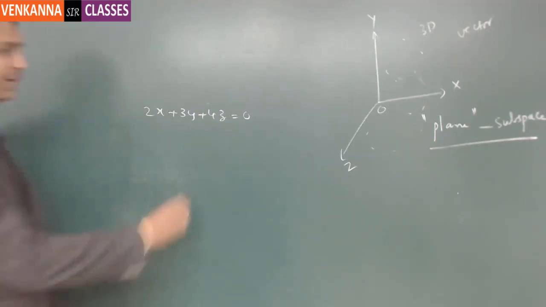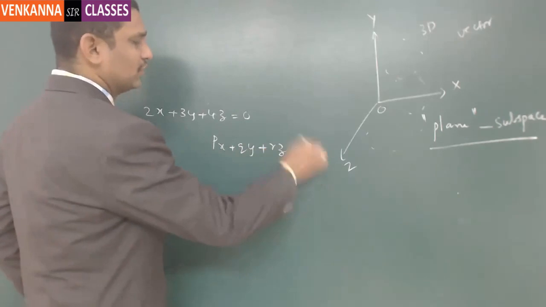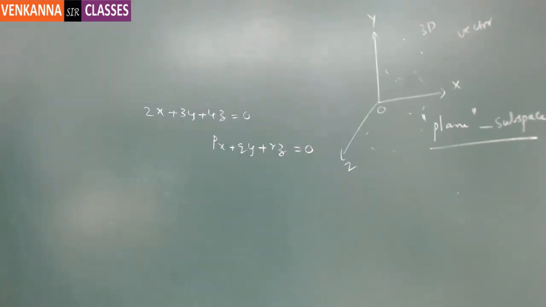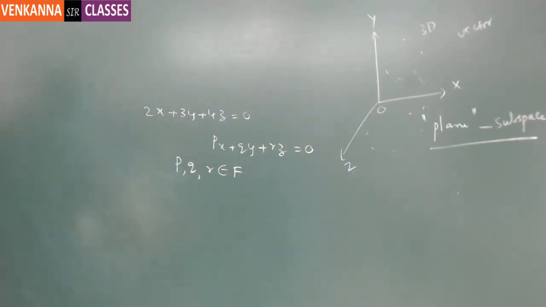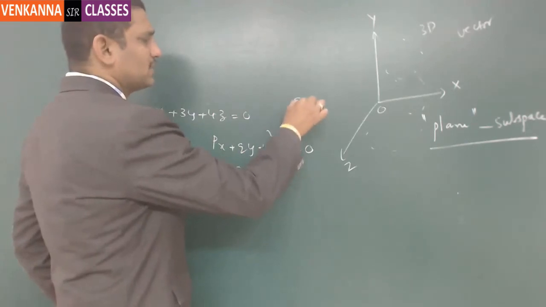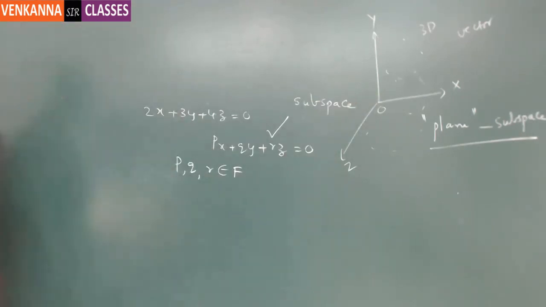Whenever I write a plane equation px plus qy plus rz equal to 0, where p, q, r are some numbers in the field F, then this plane is always a subspace. I want to prove that every plane in three-dimensional space passing through the origin is a subspace of it. Is that clear?